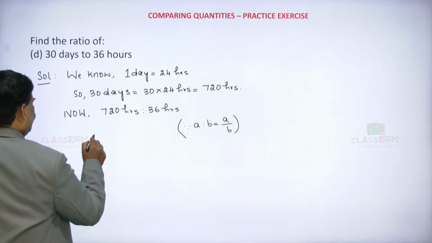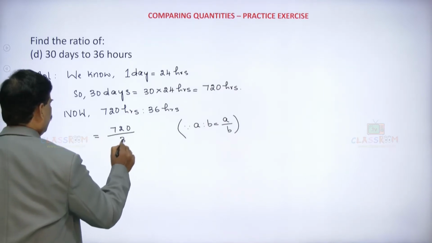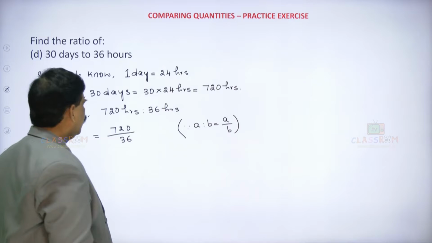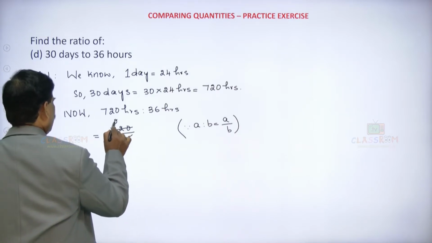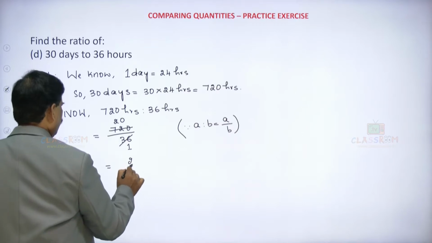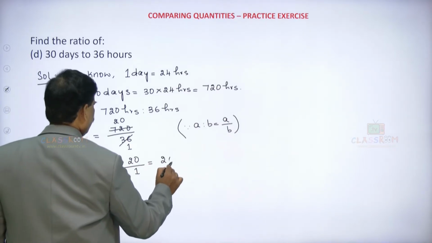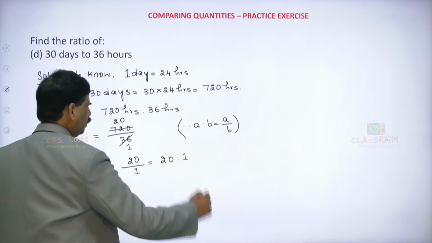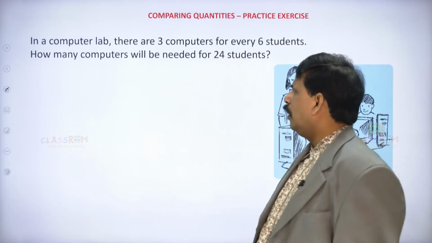So now this can be written as 720 by 36. Hours you can ignore, they get cancelled. So now 36 twos are 72, so here it is 1. So we will get 20 upon 1, that is 20:1. It's clear? See the next one now.